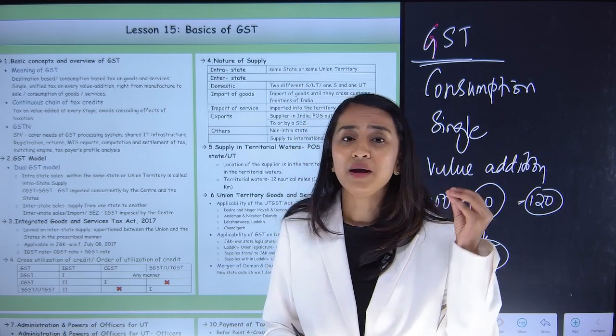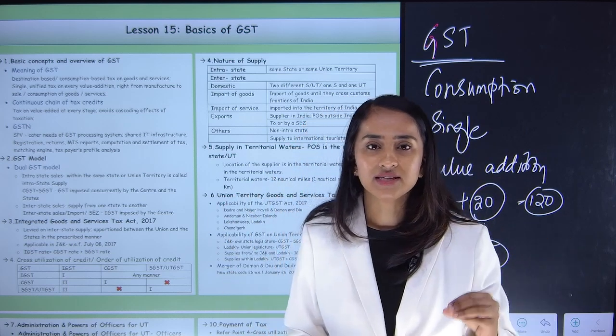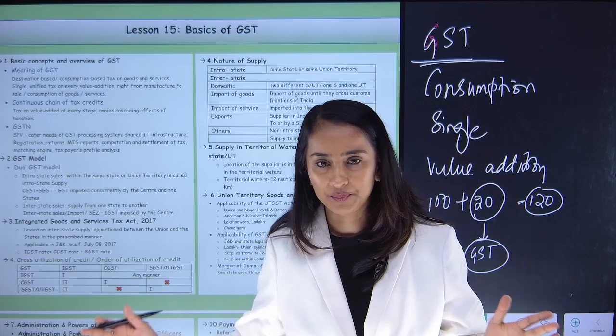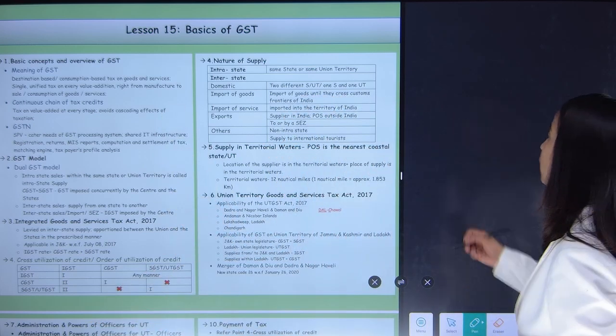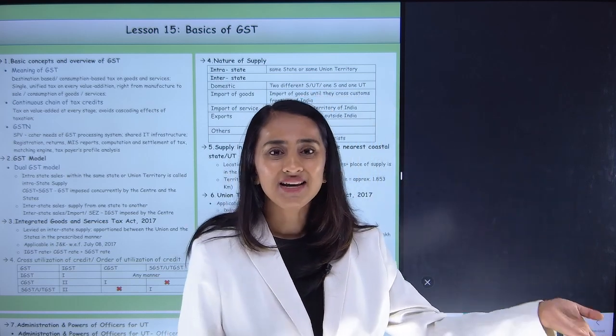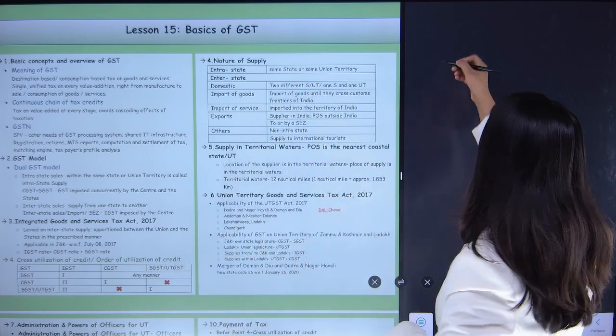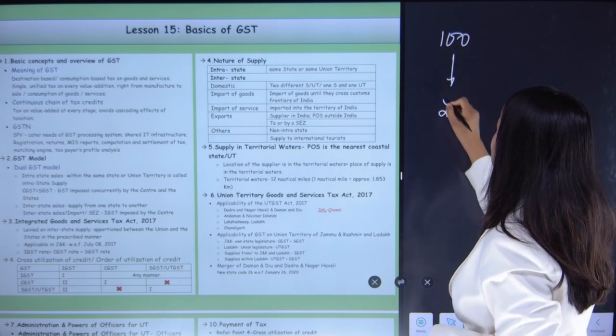Next, right from manufacture to sale to consumption of goods and services, this is a continuous chain. Next, continuous chain of tax credits. What is tax credit? Whatever taxes you've earlier paid, you can claim credit of the tax. Let's say you purchase something worth 100 rupees and you paid GST worth 20 rupees.